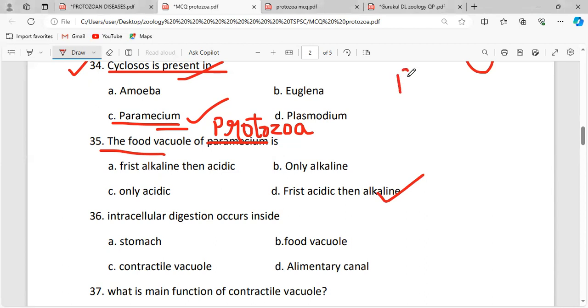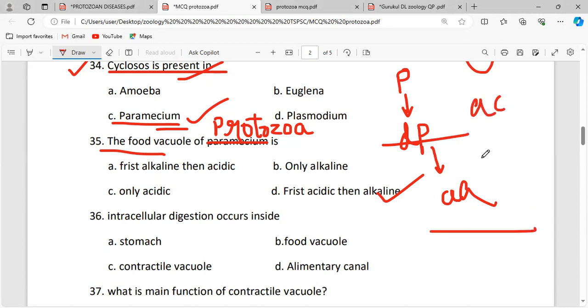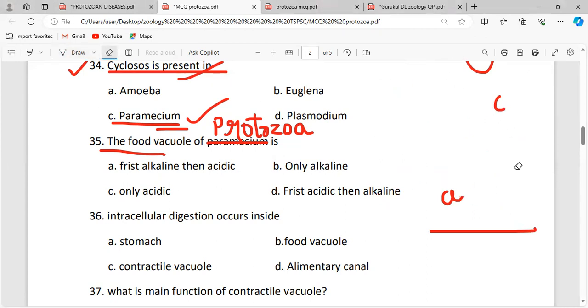The proteins in the acidic medium will be converted into the dipeptide. Now this dipeptide will be converted into the simpler amino acids in the alkaline medium. Half of this digestion will take place in the acidic medium, and this half will take place in the alkaline medium. You have to remember this. First acidic, then alkaline. Clear?